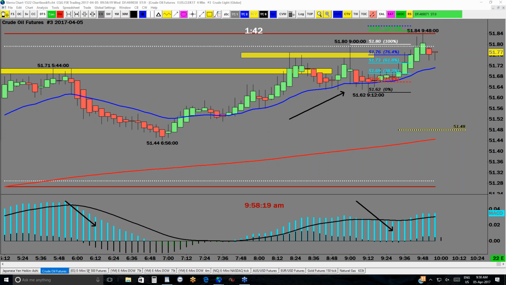Okay, it is 9:58, so about 10:30 our inventory numbers come out on Crude. So this here is your SMA 200, and we'll see if it'll keep turning to the upside, but we do expect some sort of a little pullback close to that, and the market often on inventory numbers will retest that SMA.